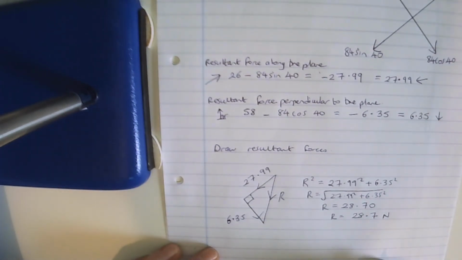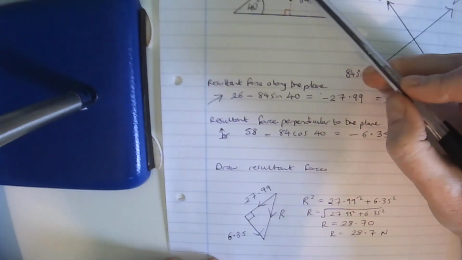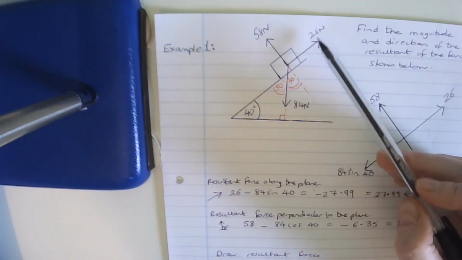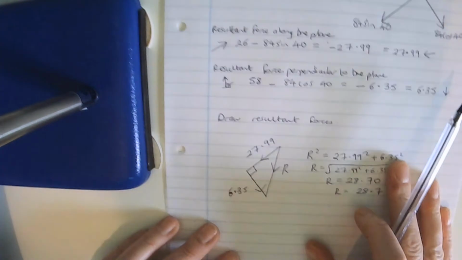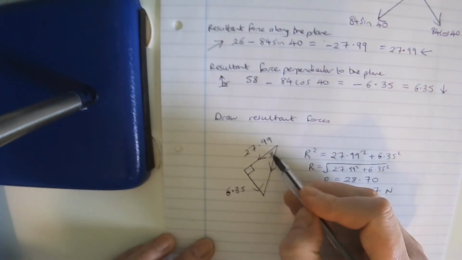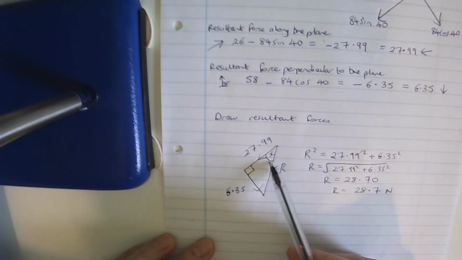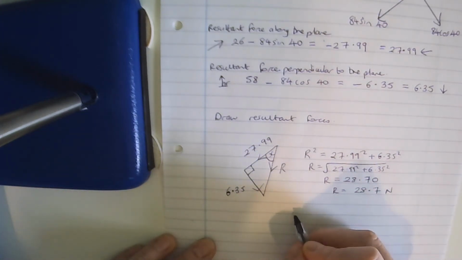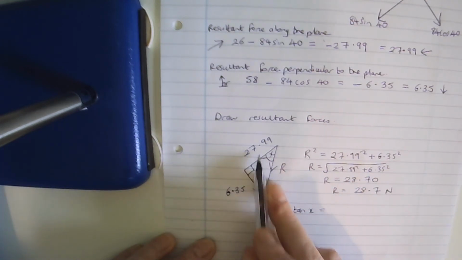We now want to find the angle at which this resultant force is acting. So we're going to use our tan, and remember this here, because this is the parallel to the plane. If you look here, we've got the force acting parallel to the plane, so you want the angle. So if we move that up, we're looking for this angle here. I'll just call that x. So the resultant force is acting on the plane, but what angle is it acting at? So we're going to find our angle, and that's going to be tan of x, and we're just using your O and our A that we've got there.